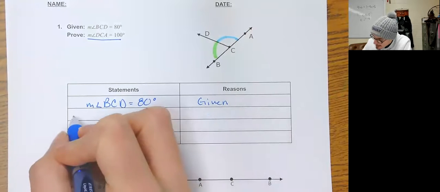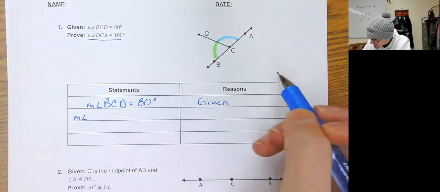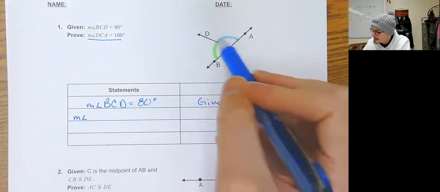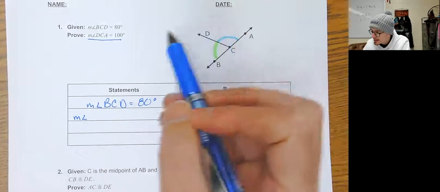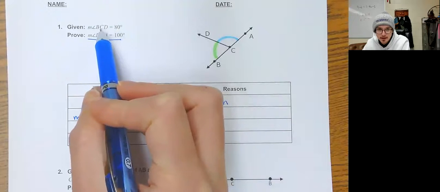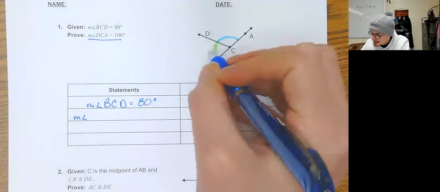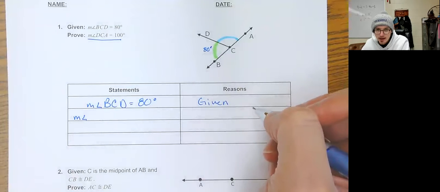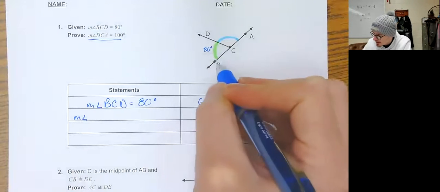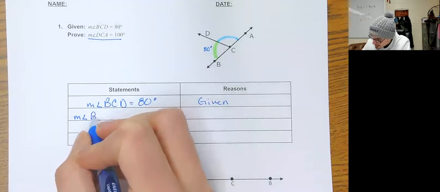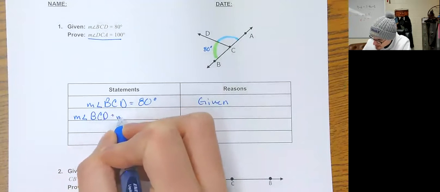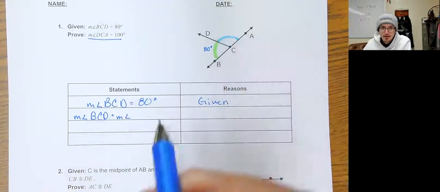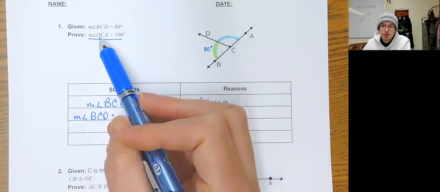So we could say that the measure of angle BCD, and I don't want to do DCB, I want to use BCD because that's how it's written right here. They already have said that BCD is 80 degrees. All right, that's what you were given. Now, what I want to say is that the measure of angle BCD plus the measure of angle DCA, not ACD, all right, not the rock band, because look at the order that this is written in.